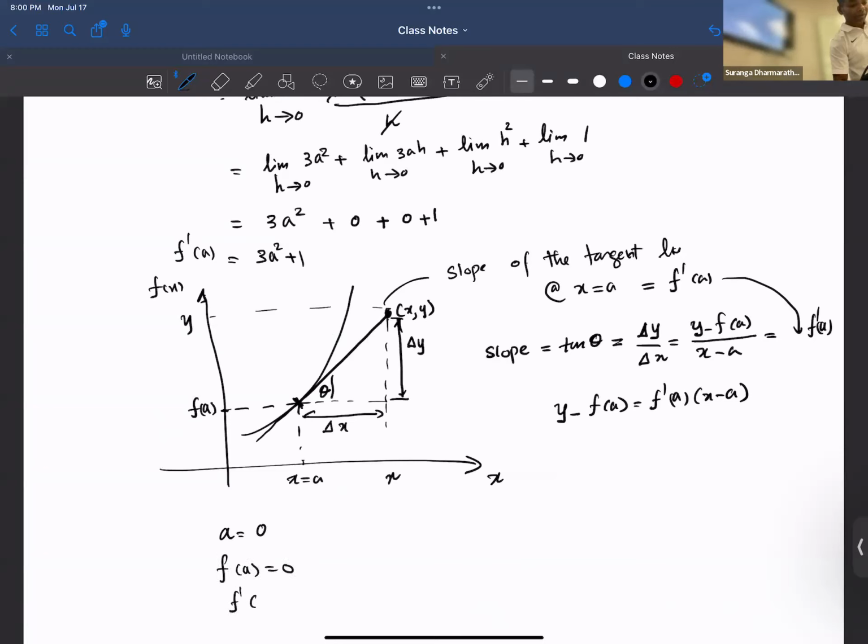What is f prime a? 3a squared plus 1, but a is equal to 0 now. So f prime of 0 is 1. This is the slope of the tangent line, which is 1. And the equation of the tangent line is y minus 0 equals 1 times x minus a, so y equals x minus a.